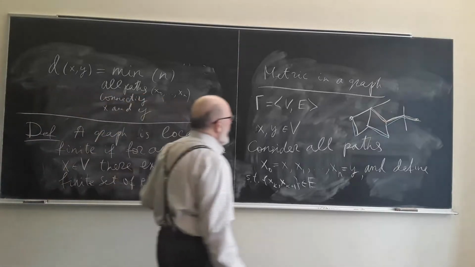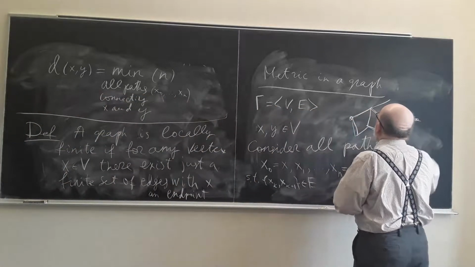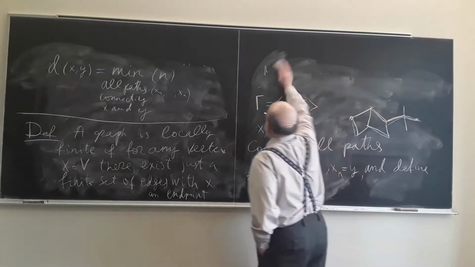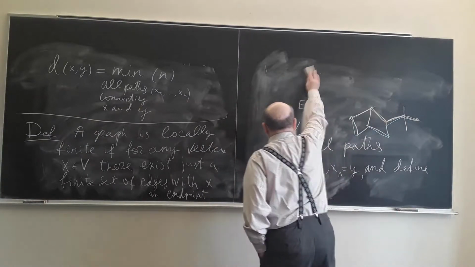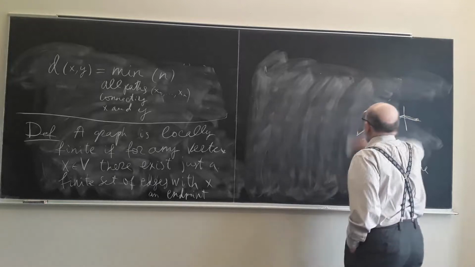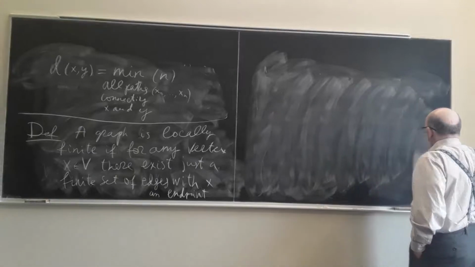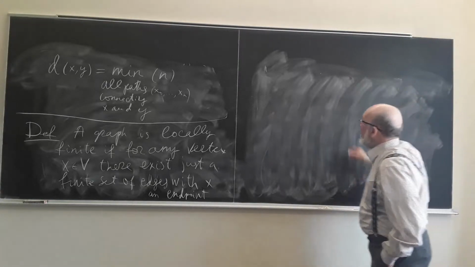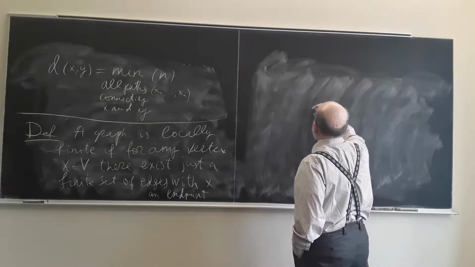So the graphs which I showed you all are locally finite. I can show you an example of a graph which is not locally finite.